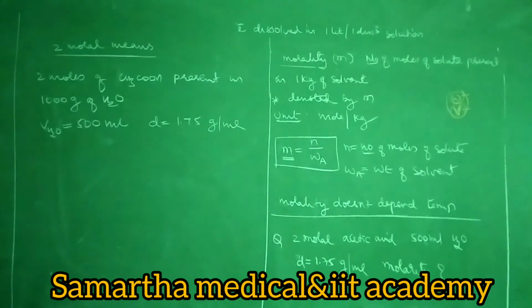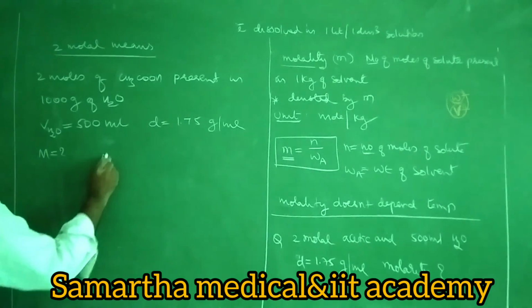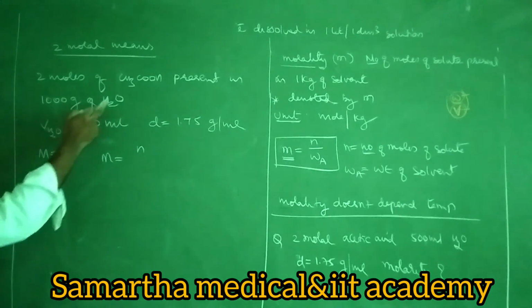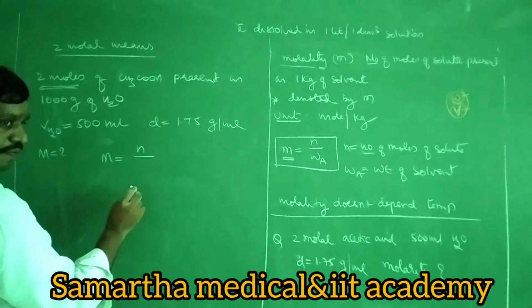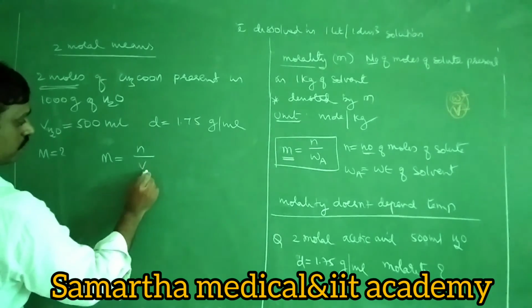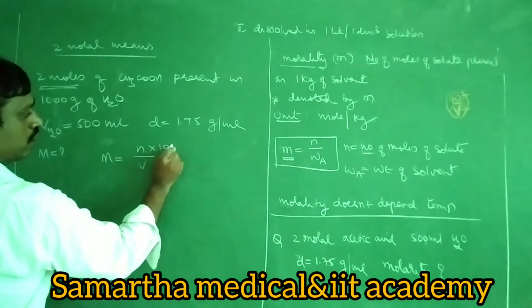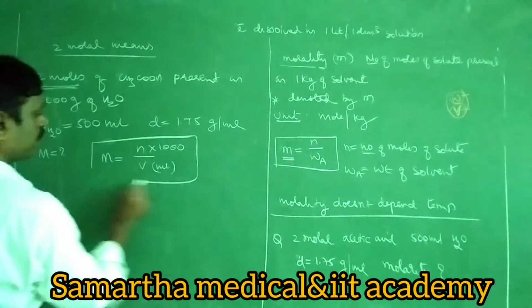We want to calculate molarity, capital M. Molarity is equal to number of moles, already directly given, 2 moles, divided by volume of solution in liters. Right, this is the formula.